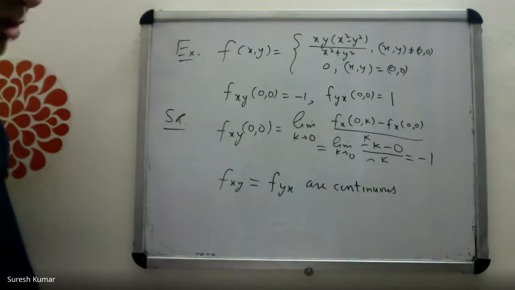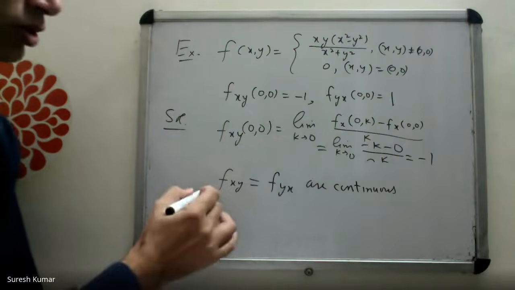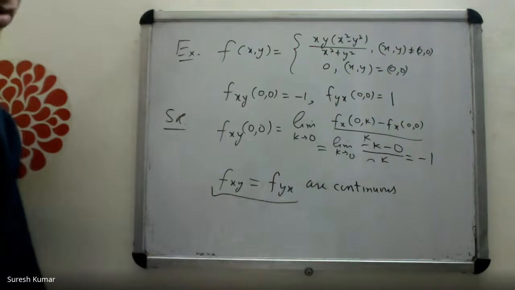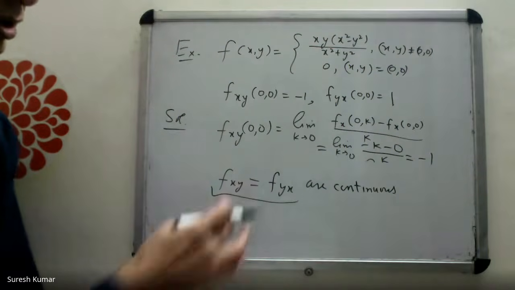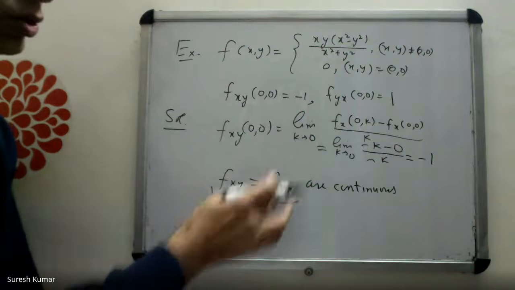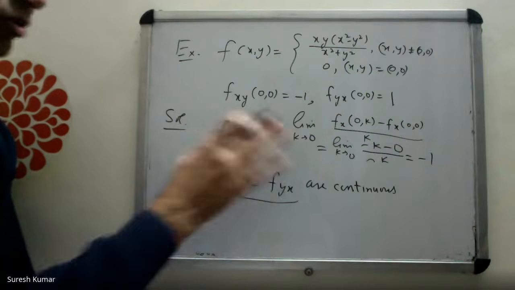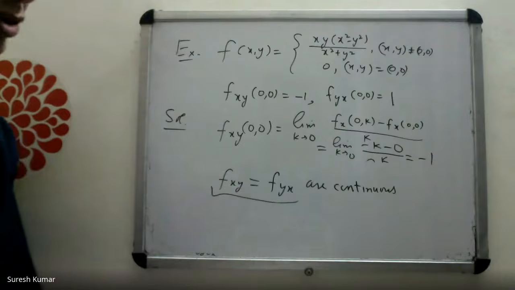That's why order doesn't matter there. In most of the problems given in your textbook, the order doesn't matter because you are mostly dealing with continuous functions. But in this problem, these are not continuous. It can be checked further using the limits.